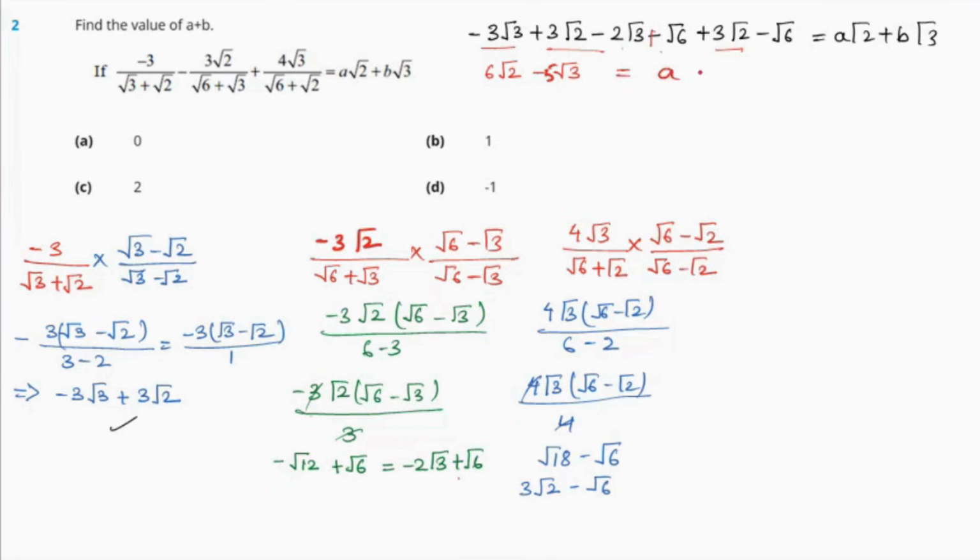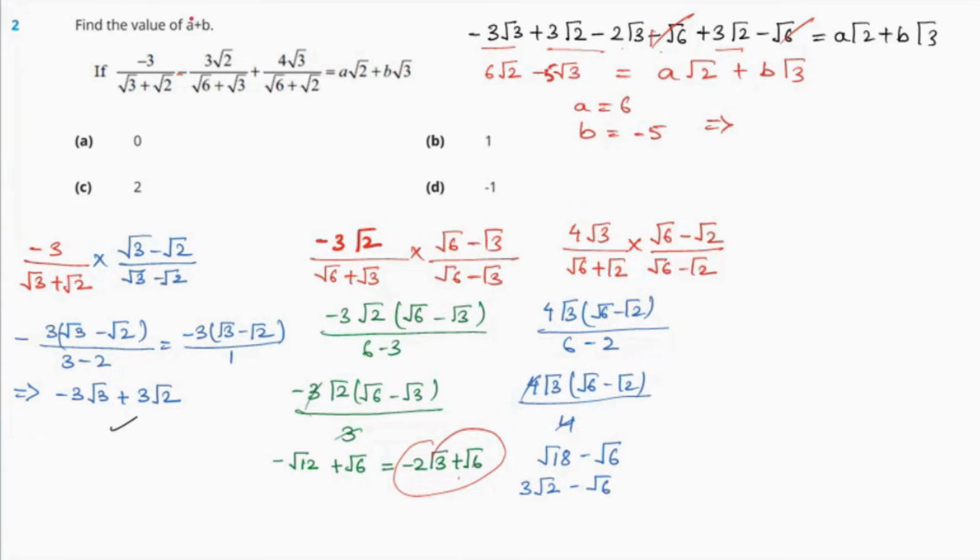Now if we have these terms over here, the value of A we are going to get as 6. The value of B we are going to get as minus 1, taking the minus sign along with it and writing it as it is. So the value of A we are getting as 6, and the value of B we are getting as minus 1.